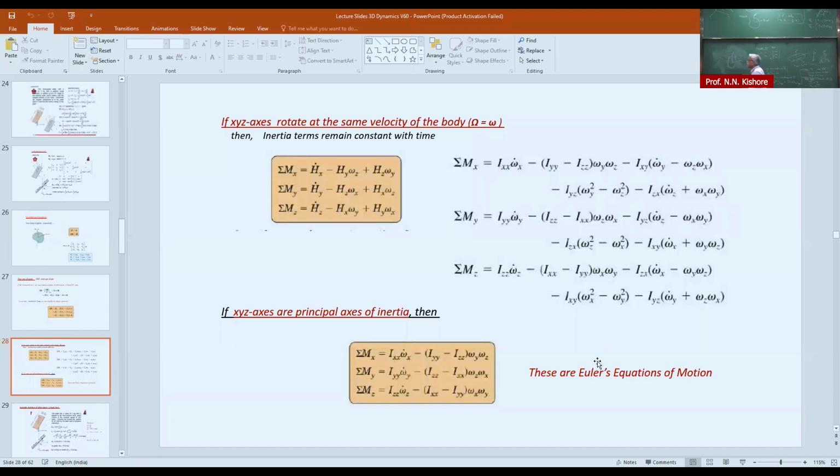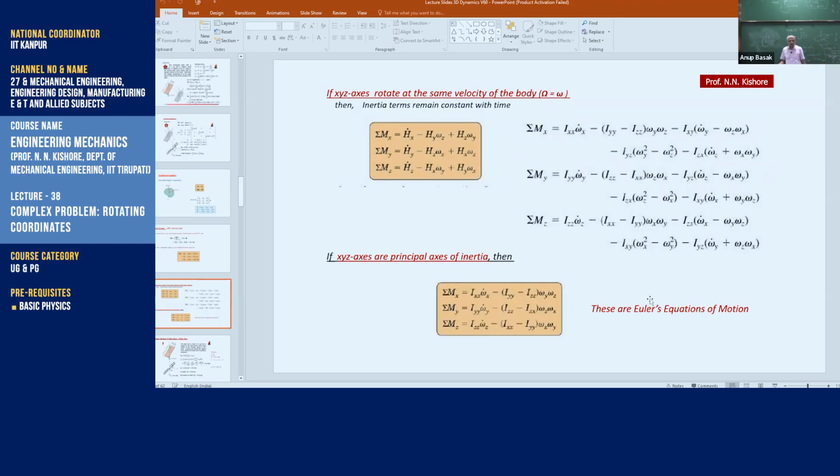There are two situations where big omega may be equal to small omega; it depends upon the type of problem. If you have a simpler problem, then big omega need not be small omega. So these are the Euler equations of motion about the principal axes of inertia.